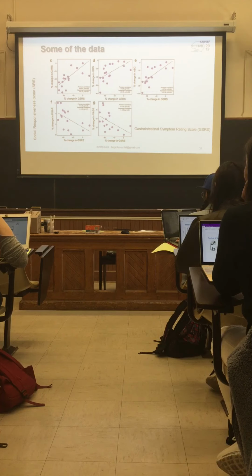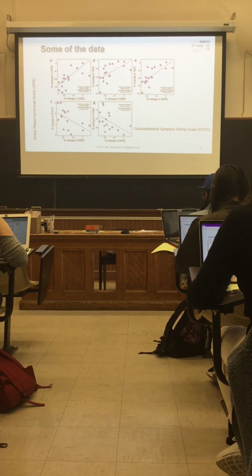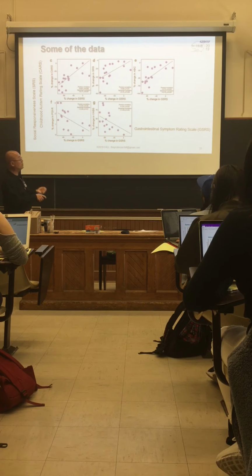So the other thing that you probably have heard of is that they are often accompanied by changes in the gastrointestinal system. And if we're looking at some of these changes that were identified in this particular paper, along the x-axis and along the y-axis, you're seeing a number of different types of changes. So on the bottom, we're looking at the gastrointestinal symptom rating scale.